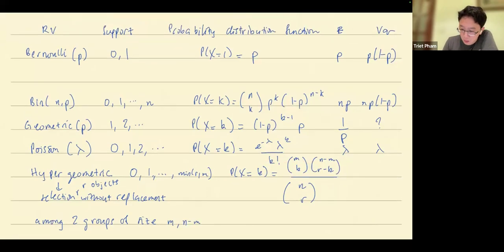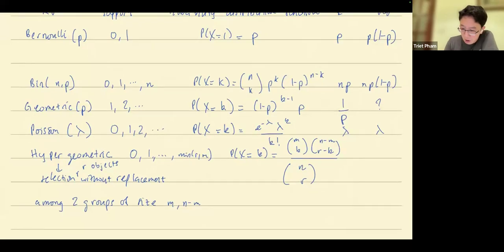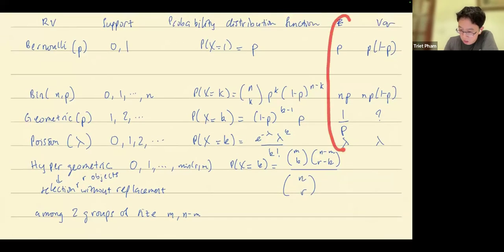The thing to note about the hypergeometric is the expectation. Does anyone know what the expectation of a hypergeometric is?